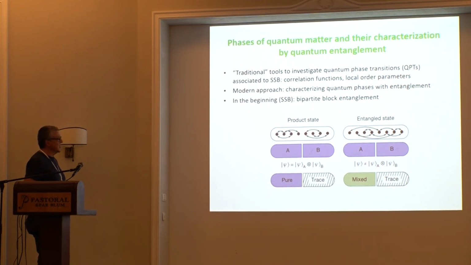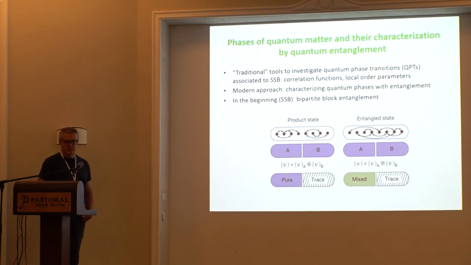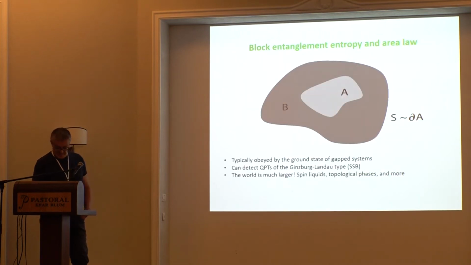While in the case of a non-product state, of course here I'm limiting myself to pure states, upon tracing out one of the parts of the system, what is left is a mixed state, and this signals the presence of entanglement. You're losing information. This is well known, of course, from entanglement theory. You're losing information, and the best way to quantify it is by an entropy, so by an extensive quantity.